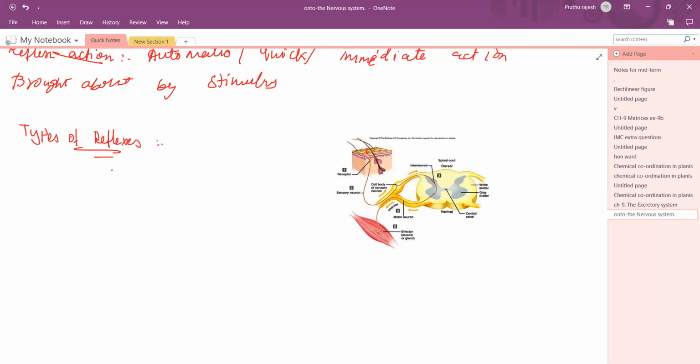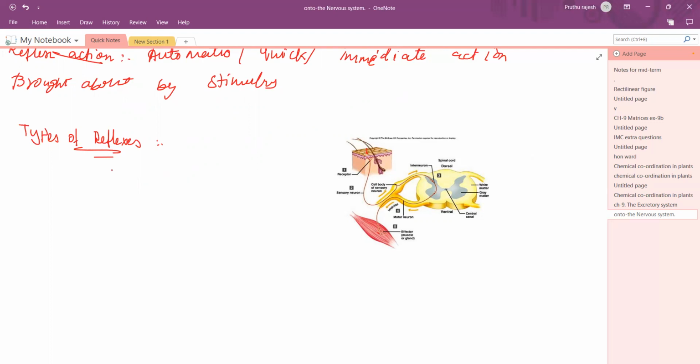Now let me define what is natural reflex. Natural reflex is one in which no previous experience or learning is required. Example, blinking, coughing. You don't need to have a previous experience to do these actions. It is inborn in you.